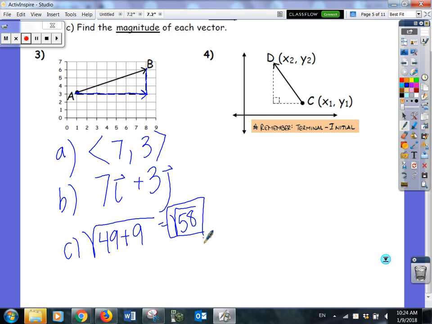So x2 minus x1 plus y2 minus y1, and then we take the square root of that. Well, when you take the square root of that, that gives you the distance. Magnitude is what we're looking for, which is the distance. Okay, we're not doing proofs, we're not going back to having to prove things, but that's what that problem is. It's just the proof of really what you're doing is the distance formula.